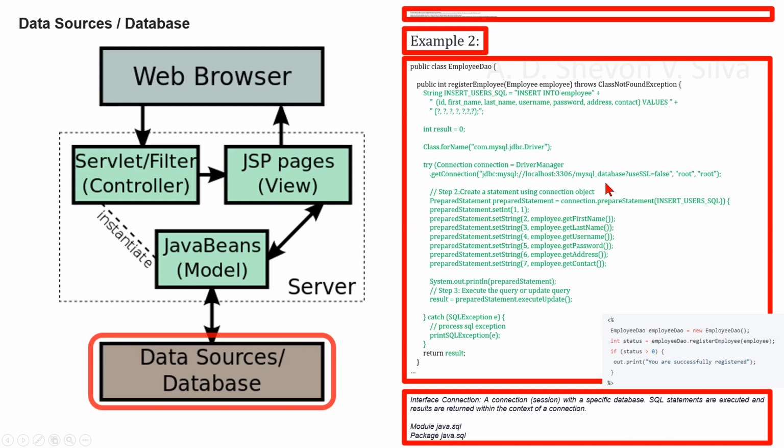SQL statements are executed, and results are returned within the context of a connection. Interface Connection is in module java.sql, in the package java.sql.